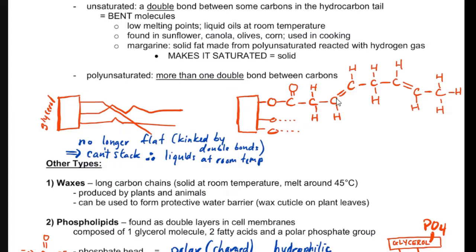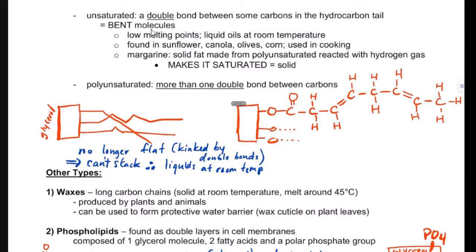And then again, because of that, you'll see a kink in the molecule. And here's an over-dramatized version of kinks in molecules. You get all these kinks in the molecules. They will no longer lay flat because you get all the kinks. And then when that happens, you have the liquid version. Unsaturated fats are going to be your liquid oils. These are the ones that are good for you.